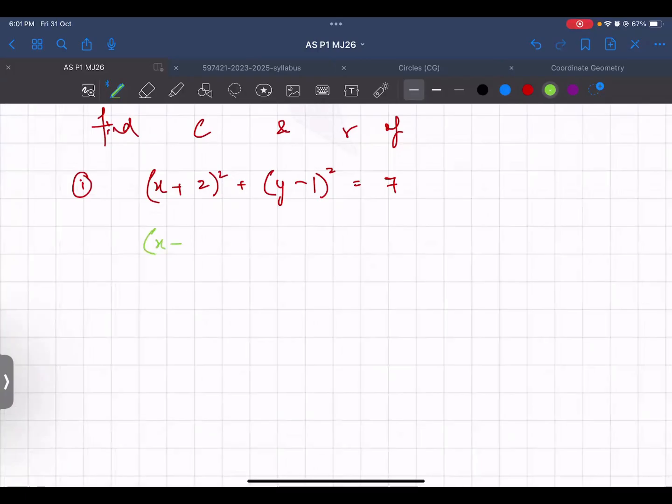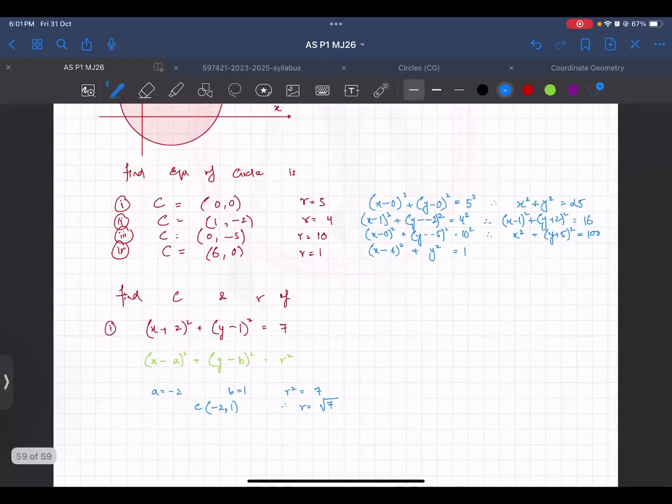The general form is (x minus a) whole square plus (y minus b) whole square is equal to r square. After comparison, your a comes out as minus 2, your b comes out as 1, and your r square comes out as 7. So your radius will be square root of 7, and your center is minus 2 comma 1.